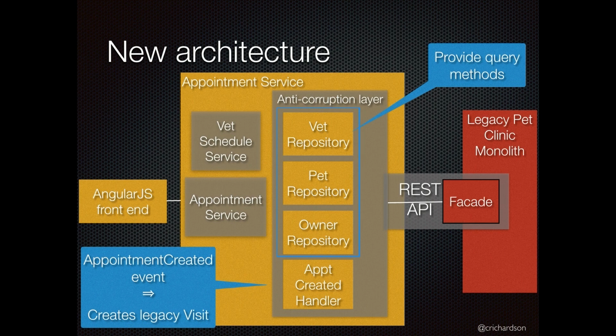And the event handler residing in the anti-corruption layer will then create the corresponding visit in the legacy database by making a create REST call via the REST API and accessing the facade.